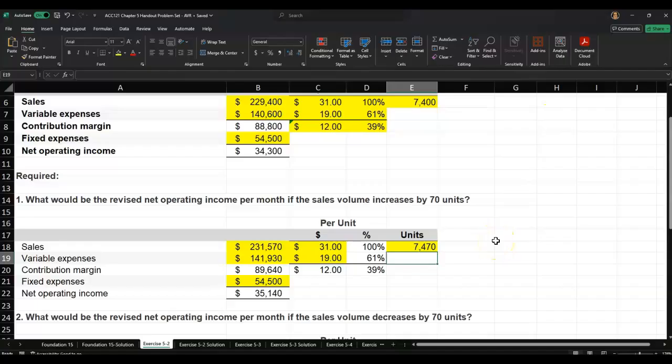I left the formulas in there for you because at that point it's simply the 7,470 times the sales price per unit, the 7,470 times the variable cost per unit. Then we back out the original fixed expenses, which didn't change.